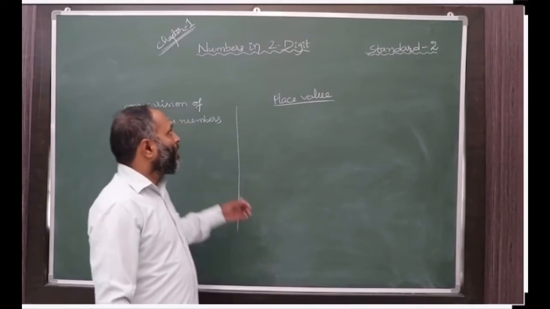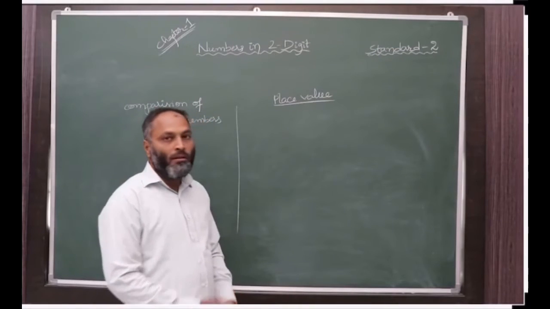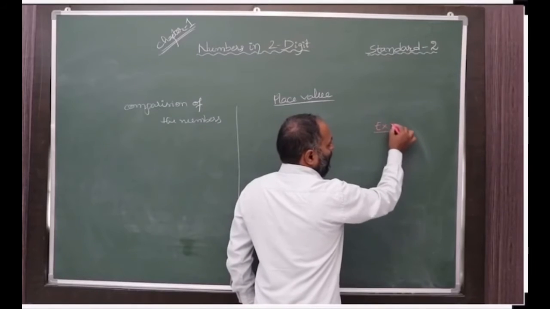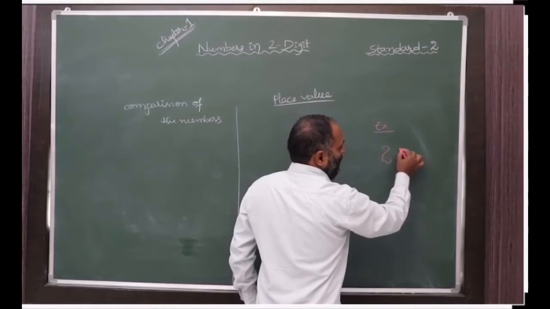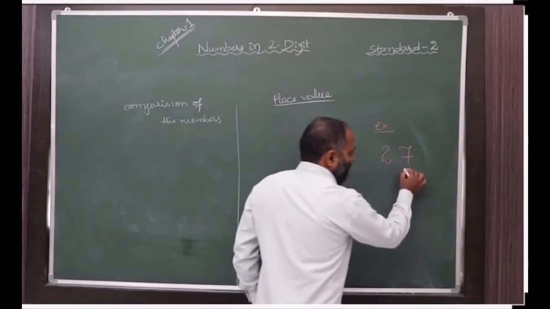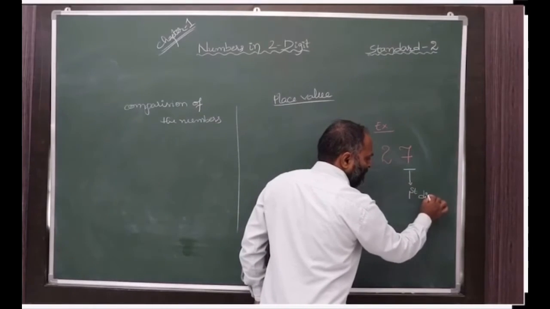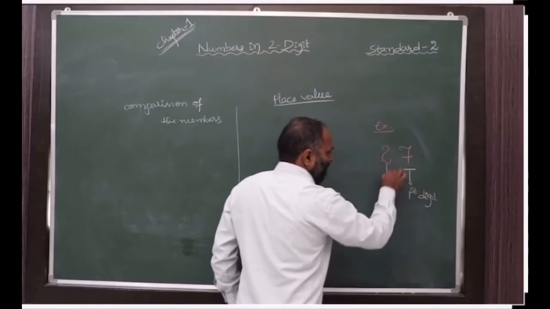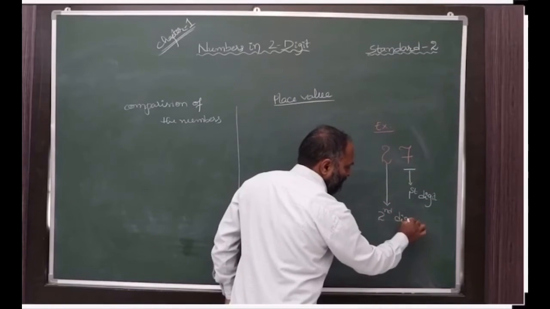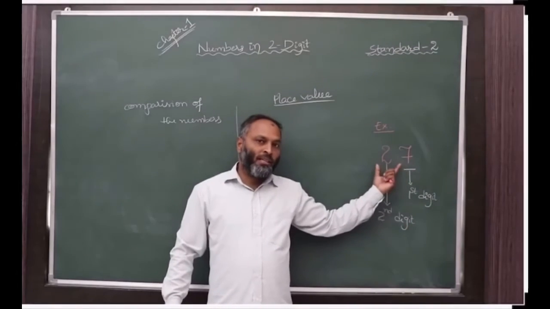Now students, we are going to discuss our 2-digit numbers. In a 2-digit number, for example, if I take 27, this is the first digit and this is the second digit.